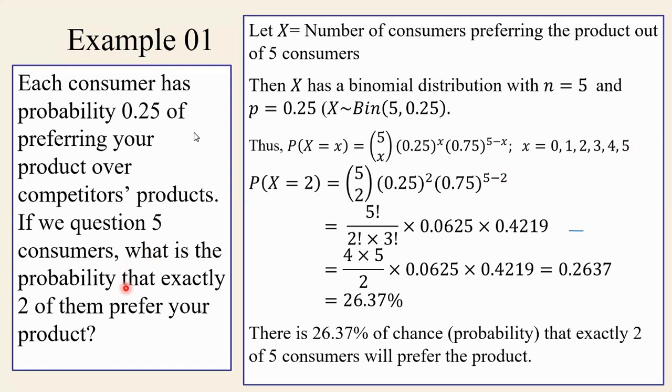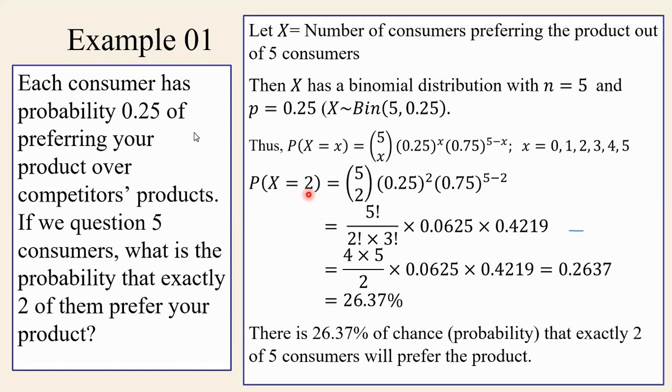Now, we have to calculate the probability that 2 of them prefer your product. So, P(X equals 2). How many consumers are preferring? What is the probability that 2 consumers are preferring the product?